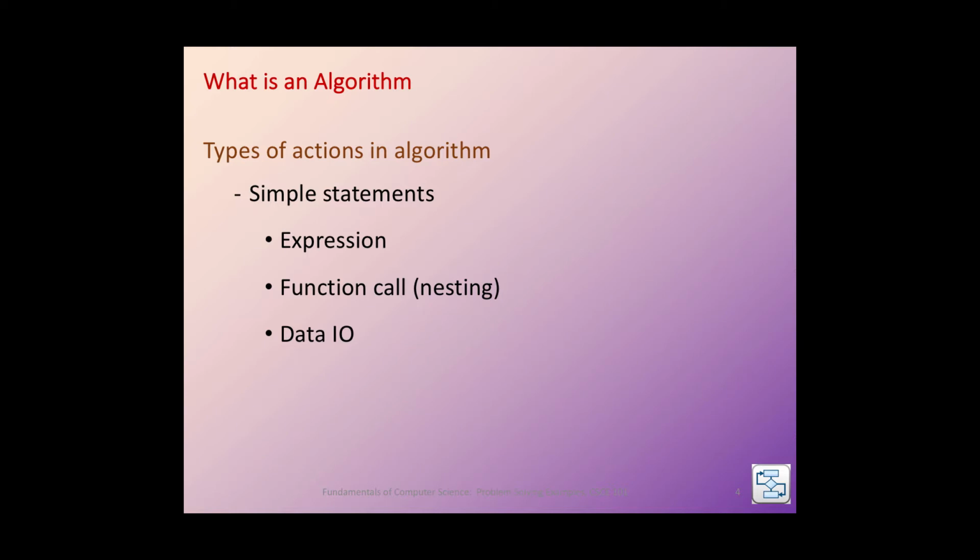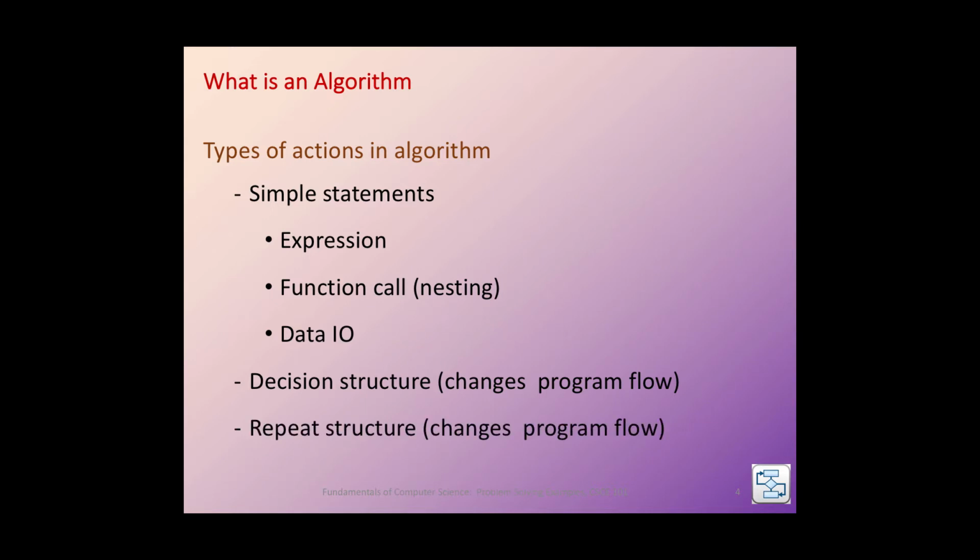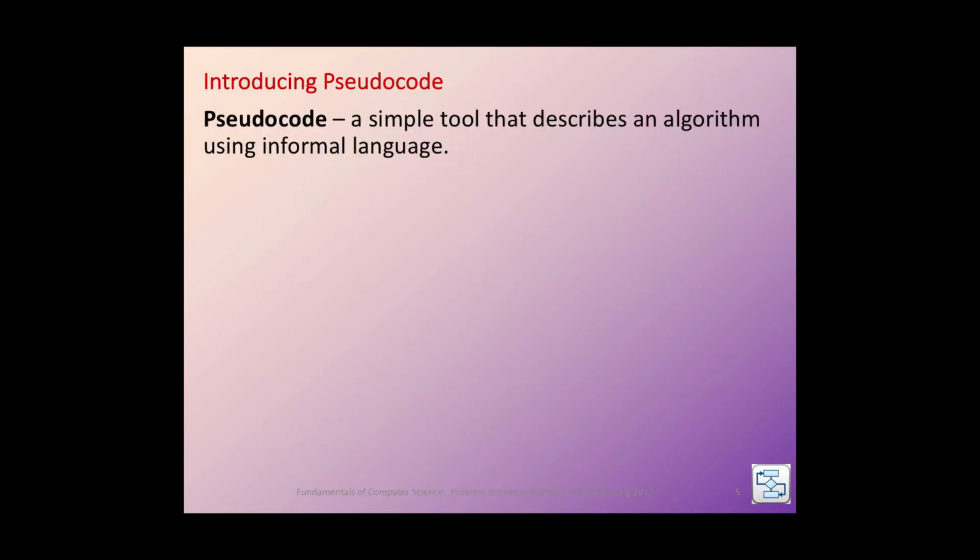I/O stands for input and output, and it means you're either reading or writing data. Then you can have some more complex structures, and that is the decision structure, which changes the program flow. And then you can have repeat structures, which also change the program flow. We're going to be looking at how each one of these is represented in pseudocode and flowcharts.